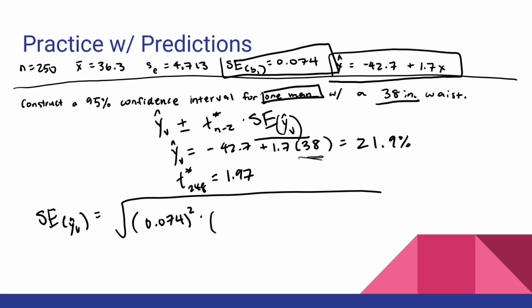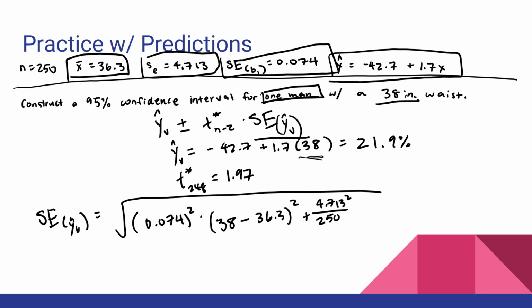So we're making a prediction about a 38-inch waist minus the mean x value, so x bar of 36.3 squared, plus the standard error for the residuals, 4.713 squared over n of 250. So I'm pulling all of these numbers out of our given terms. I'm not doing any extra math here. And then I'm adding on our extra term for error, so our SE squared. So our SE is again 4.713 squared.